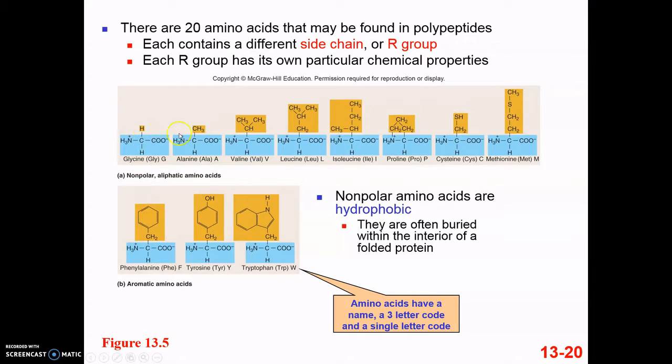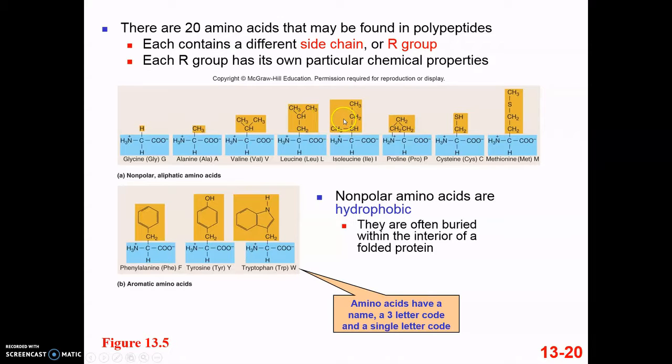So here, just a plain hydrogen, here, just a methyl, here, kind of a branched chain. Here, the only difference is it's one carbon further out. Here we have 4 carbons, so 1, 2, 3, 4 in leucine. This is isoleucine, 1, 2, 3, 4. So it still has 4 carbons, but they are slightly rearranged.